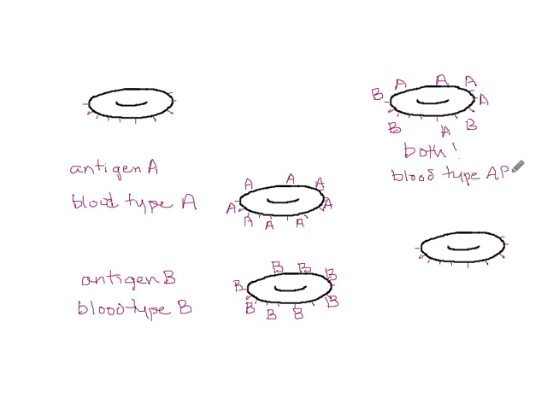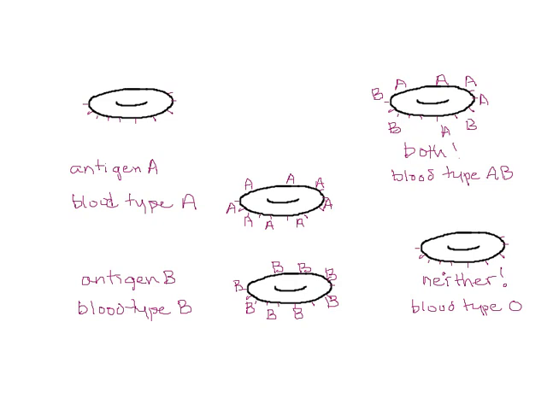Blood type AB means they have the A antigen and also they have the B antigen. And finally, there are people who don't have either one. They have some other antigens on their blood cells, but they do not have antigen A or antigen B. And those people are what we call blood type O.